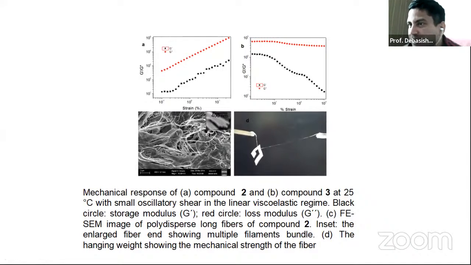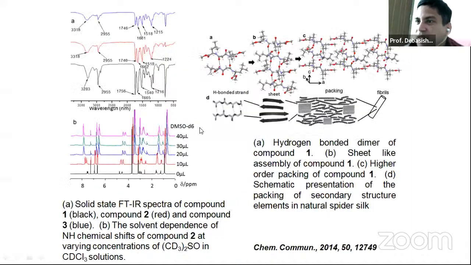So the fibrils are first formed, and then the fibrils assemble to make the nanofiber. And this kind of fiber can actually bear some amount of weight, like the natural spider silk or spider web. Then we have studied by different spectroscopic techniques like FTIR, and we have developed a model of how this material self-assembles to mimic the spider silk and spider web.